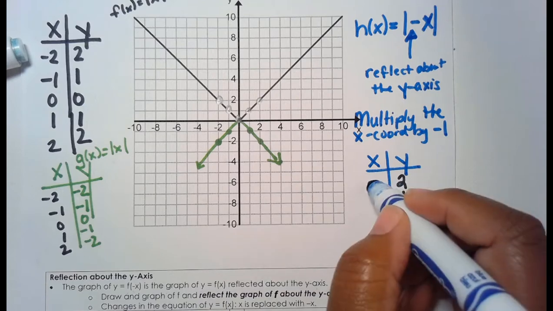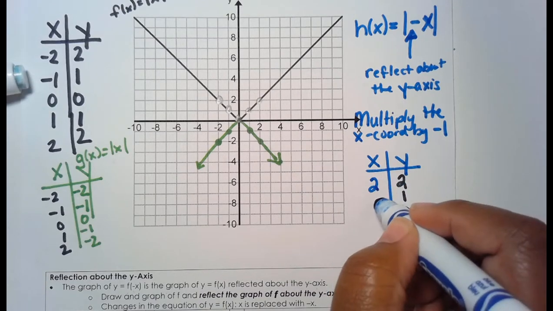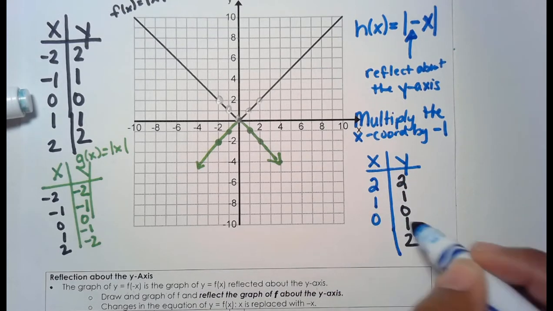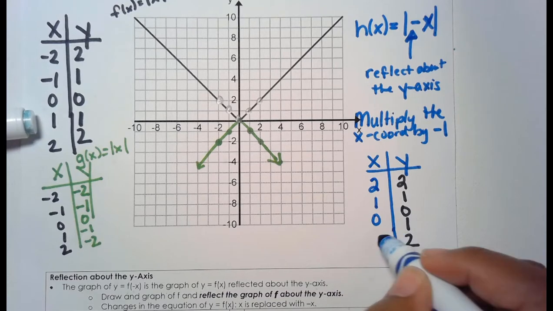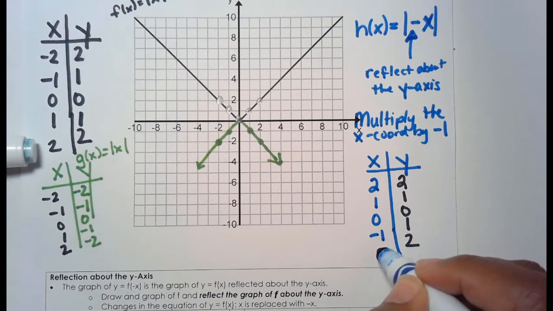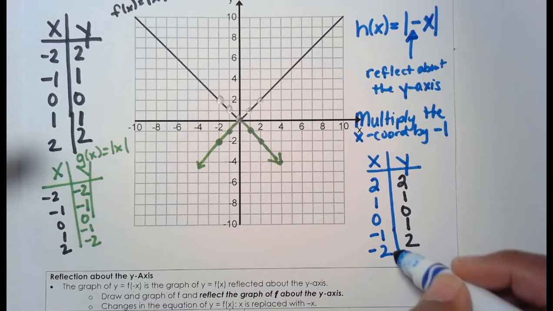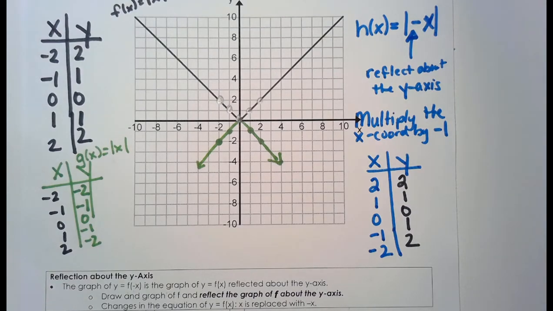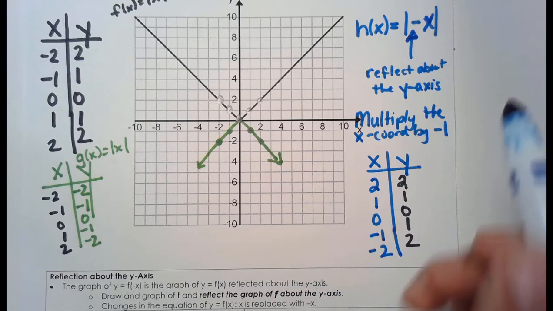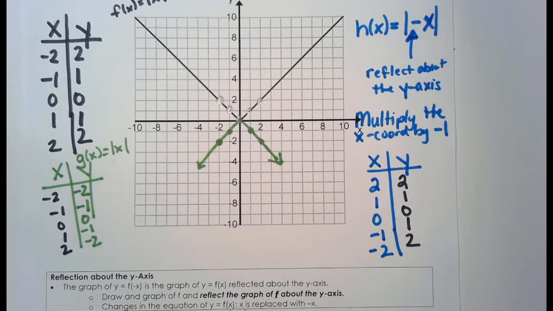So you're going to have 2, 1. We have 0 as we multiply by -1. Then this becomes -1. This becomes -2. Okay? So this time it's going to be the opposite.